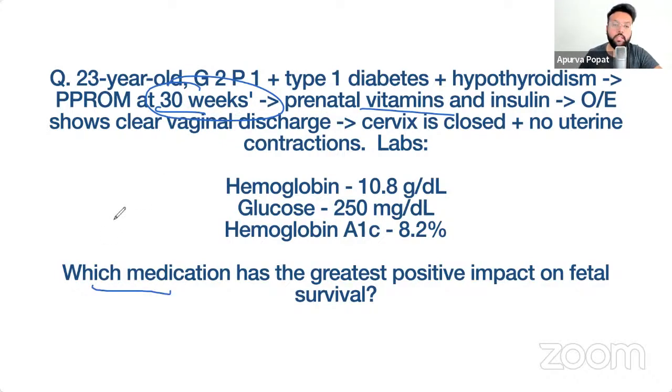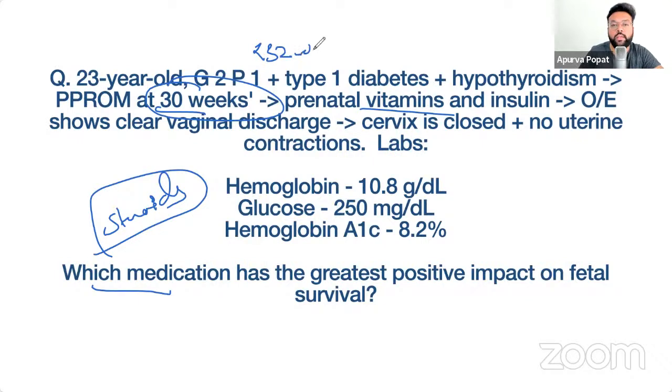Steroids, corticosteroids. Okay, a bonus question for all those studying for Step 1. You already know that the baby's age is less than 32 weeks. I will give one more additional drug to this mom to prevent dash. What is that drug and what are we trying to prevent?